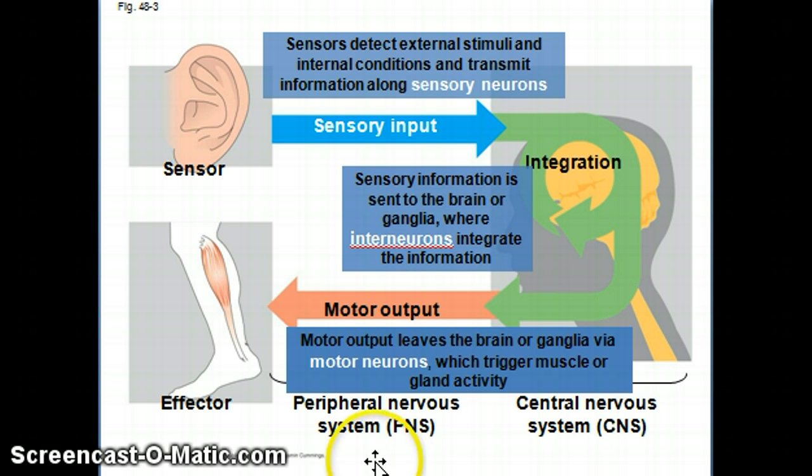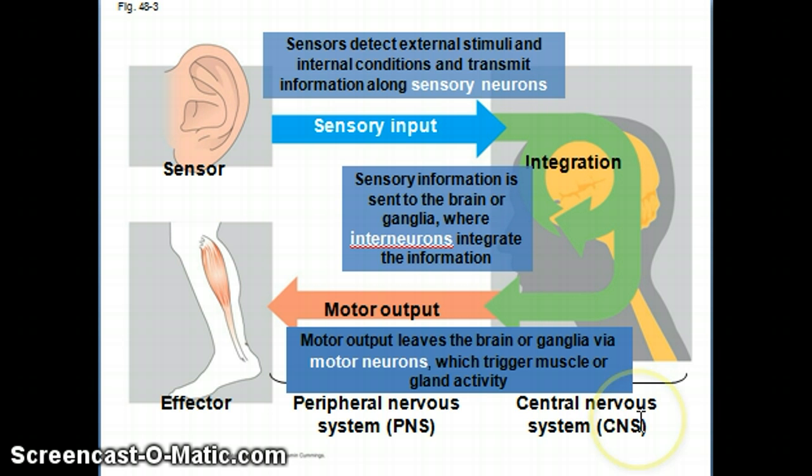So basically what is involved here is our stimulus is usually going to be coming from a peripheral nerve or the peripheral nervous system, and it's going to be processed within the central nervous system or CNS, and then the response will be back out again through the peripheral nervous system.